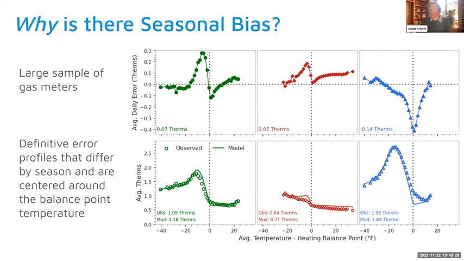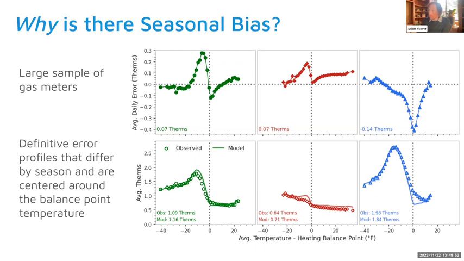Remember, this is an annual model. Bias over the course of the entire year is going to come out around 0, or it should. So if you have a significant issue in one season, that is almost by definition going to manifest itself as opposite issues in other seasons. And that is exactly what we're seeing here.